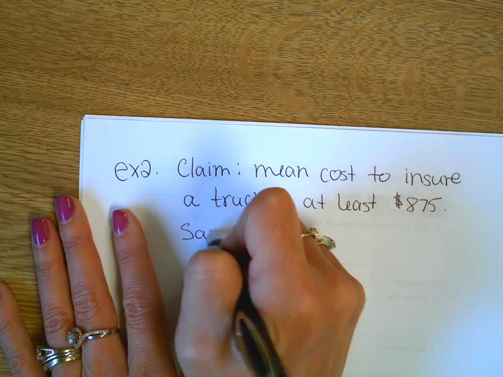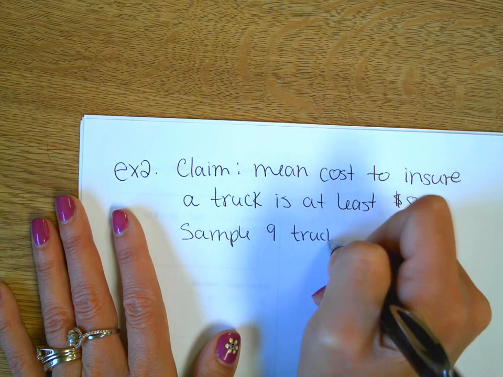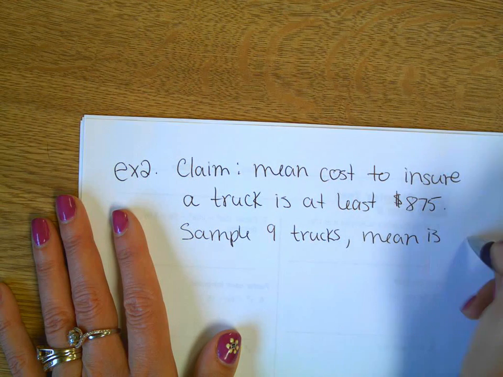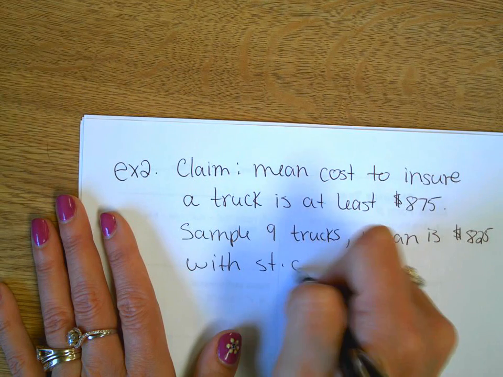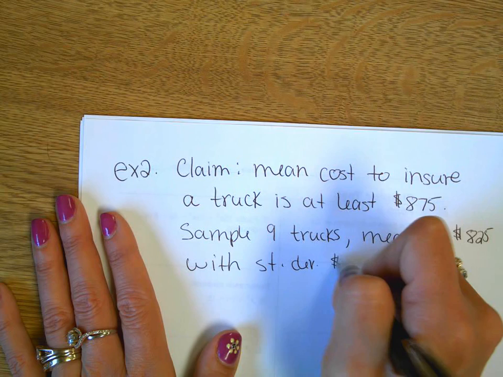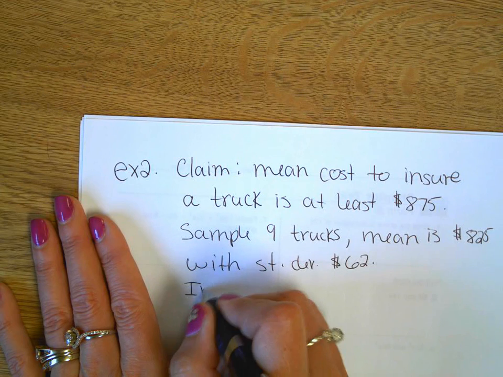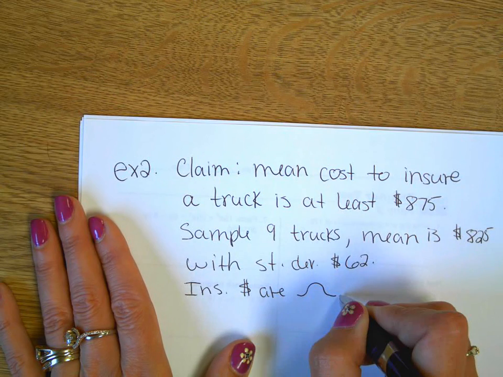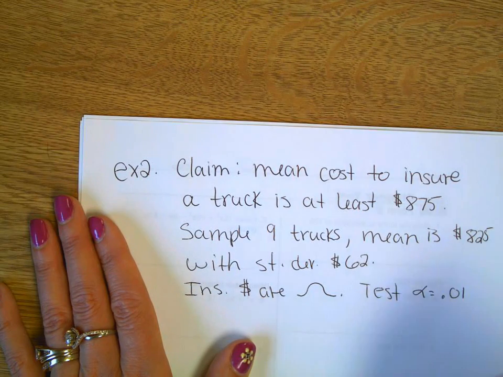So you take a sample of 9 trucks, you find that the mean is 825, with standard deviation $62. Insurance costs are normally distributed. Test this at 1%.